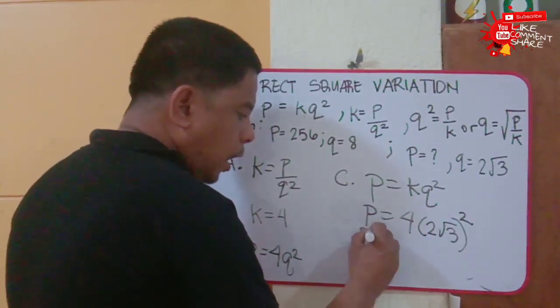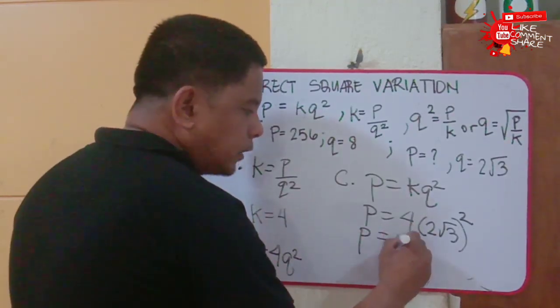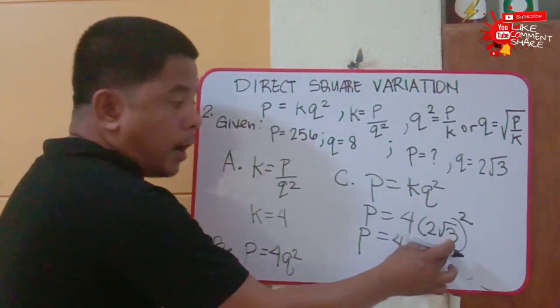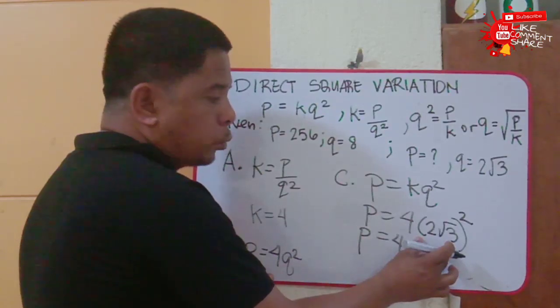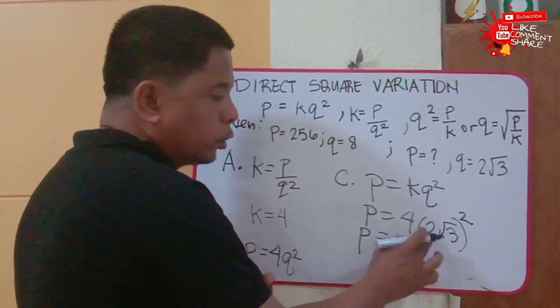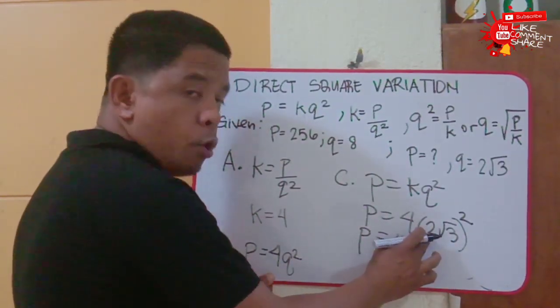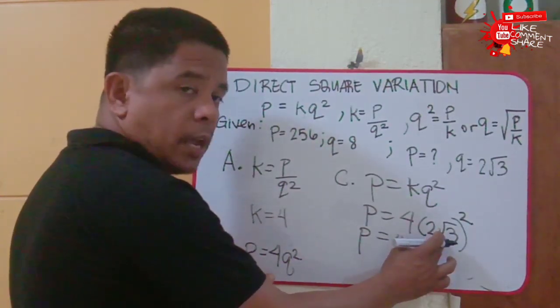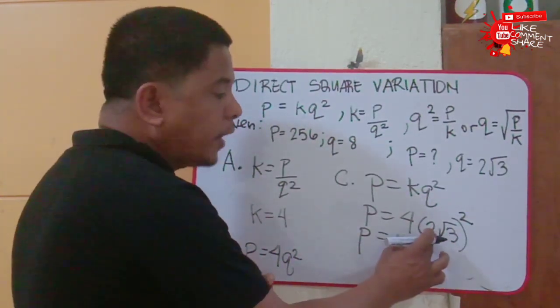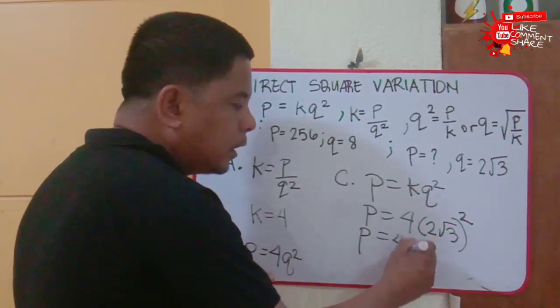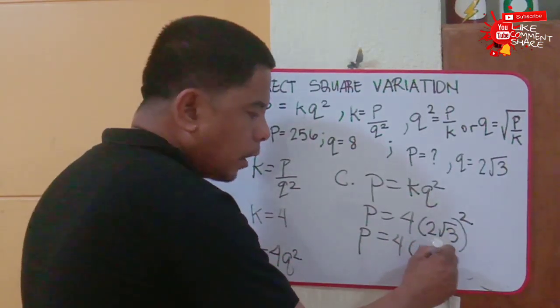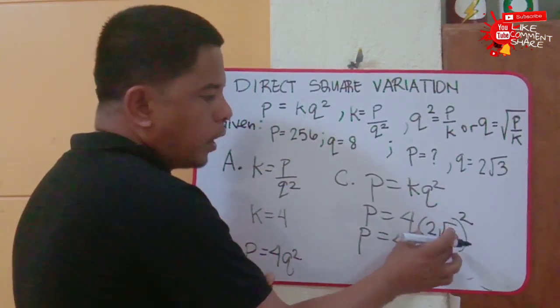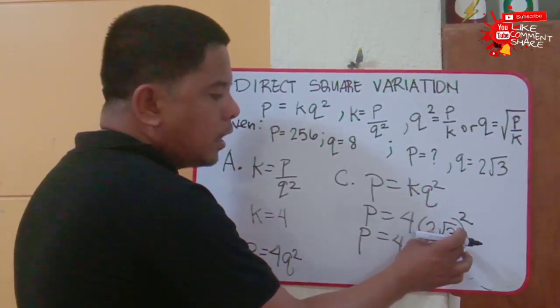Simplify. Okay? So, simplify muna natin ang square of 2 square root of 3. So, 2 times 2, 4. Square root of 3 times square root of 3 is 3. Kaya 4 times 3, so that is 12. Again, the square of 2 square root of 3 is 12.